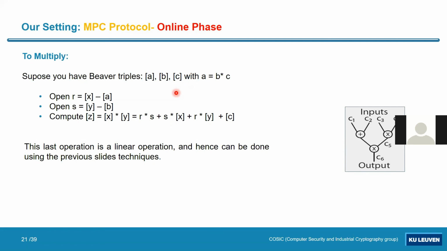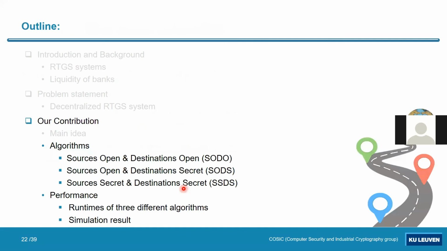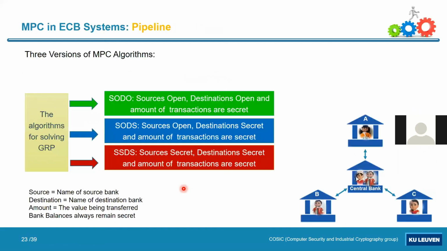If we want to multiply x by y, first we need to mask x with a, and then mask y with b, and then using this equation here, with the technique that I explained in the previous slide, we can compute this equation and easily get x multiplied by y. Okay, that was our main idea, and we talked about our setting. Let's move on to the next slide.